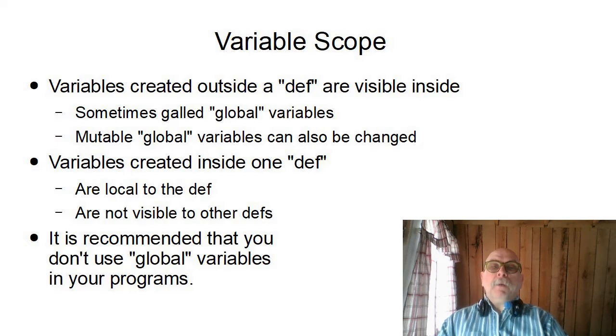The other problem with global variables is mutable variables like lists, dictionaries, sets, objects, and some others. If you change them inside the def, they're also changed outside without having to pass them by name, which again can become problematic.